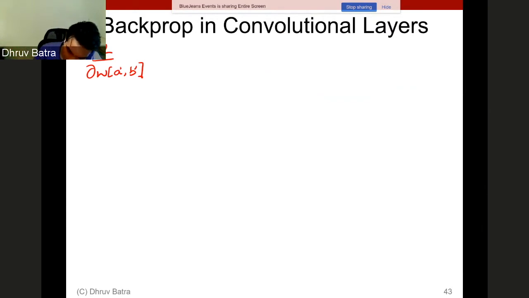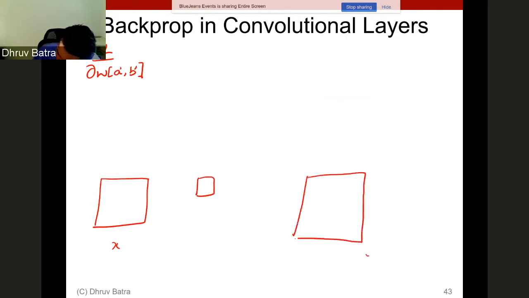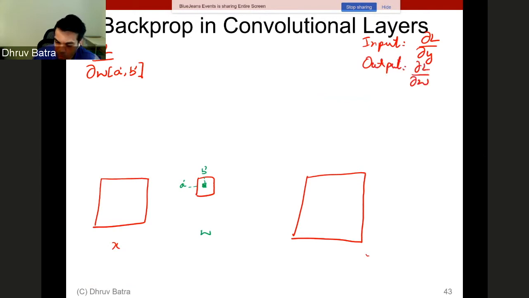Okay, so we have an X, we have a W, and we have a Y output. Now the question that I will ask is, look, there is some filter, there's some pixel A prime and B prime in W. The chain rule tells me that all I need to think about is, during the backward pass, I have as input the partial of loss with respect to Y. I already know this, and I have to produce as output the partial of loss with respect to W. That's my goal.